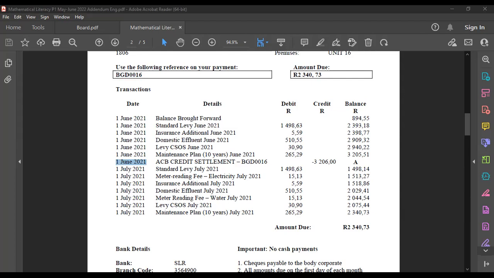So if you're going to exclude VAT, take the amount given to you, 2,340 rand 73 cents, and divide by 1,15. This amount already has VAT, so we need to know what amount it was before VAT.